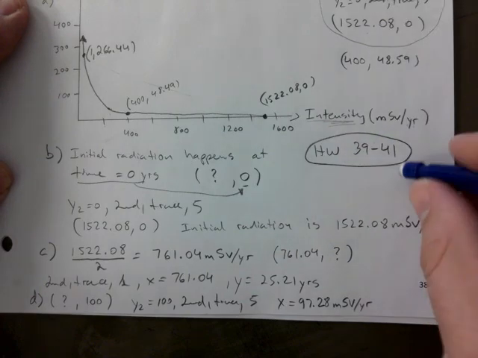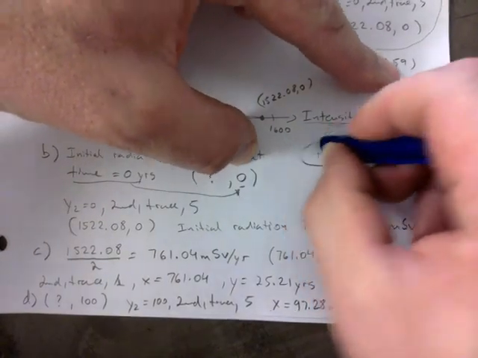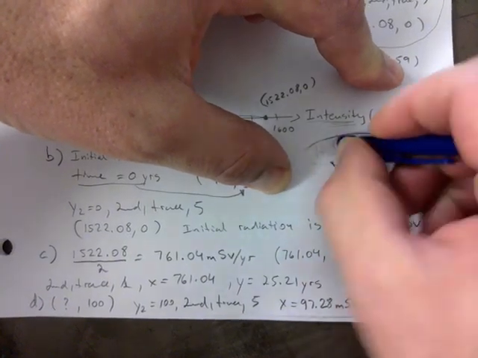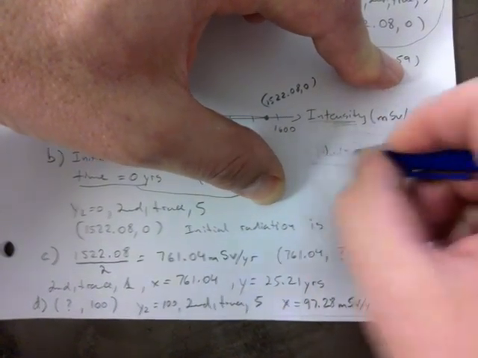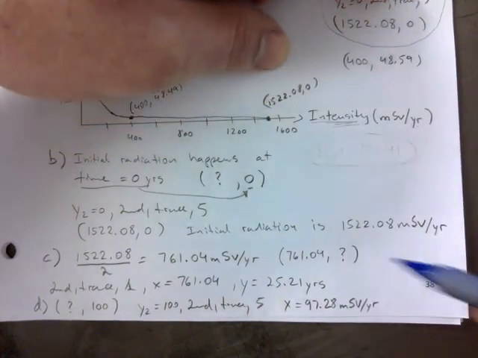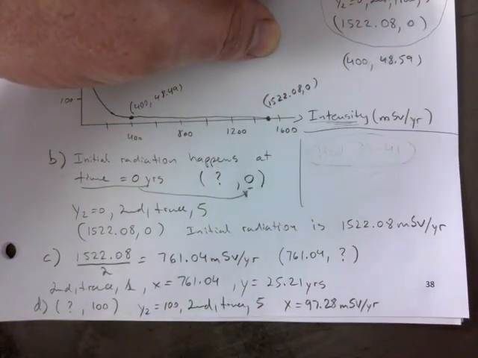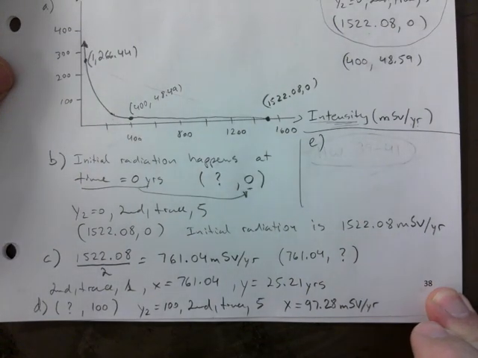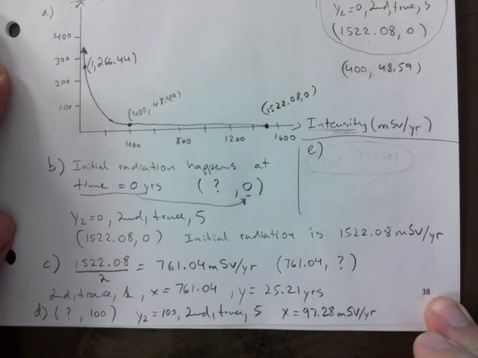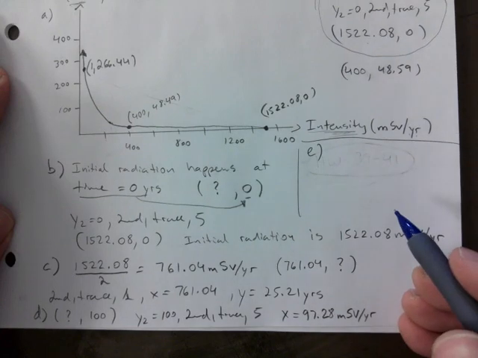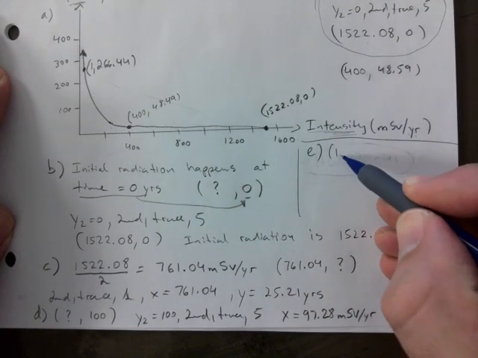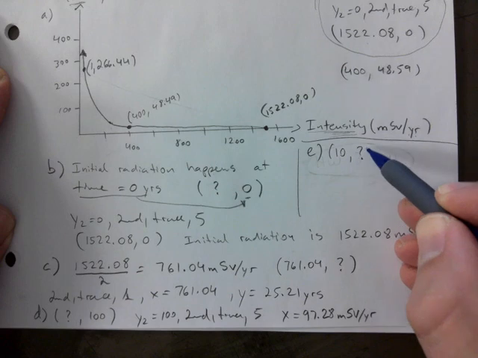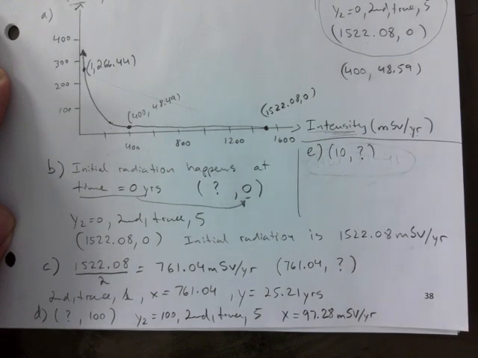I'm going to erase the homework section here and just do E right there. I'm going to try to fit that in. I hope you still have space. If a level of 10 MSV per year is considered safe, how long will it take for the contaminated area to be considered safe? So it's saying, hey, if this is 10, how long will it take for you to get to 10?